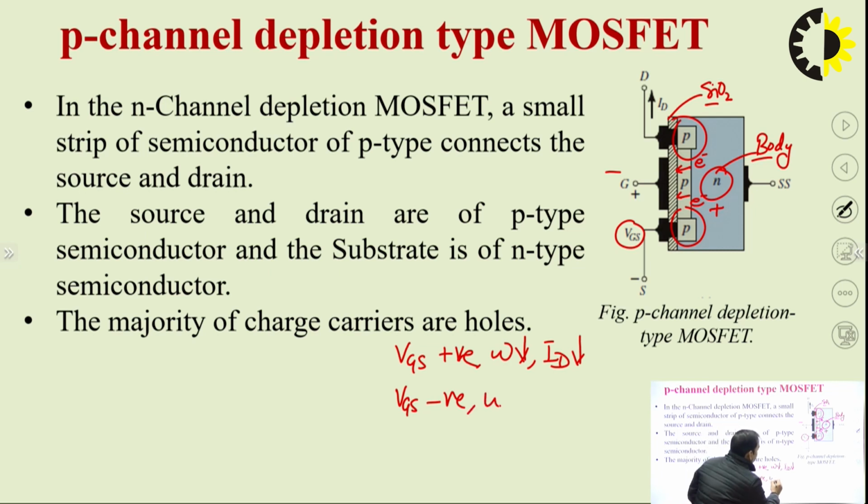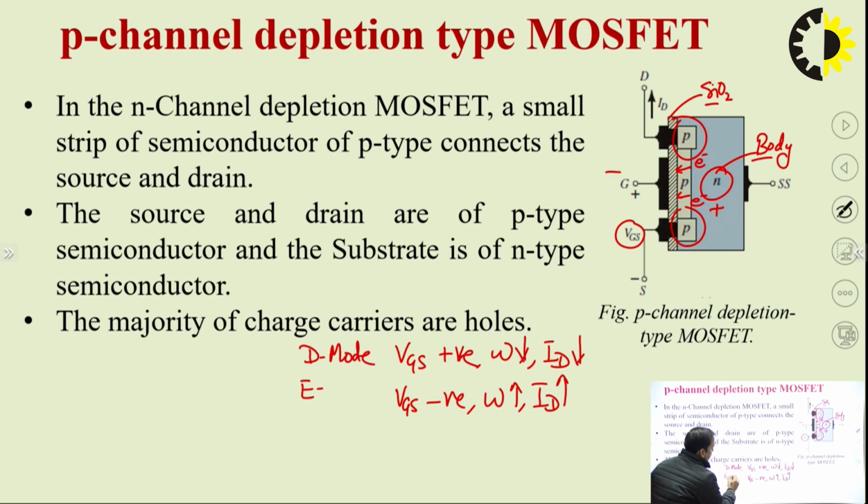So W increases and ID also increases. This mode of operation is known as D mode, and this mode is known as E mode. So the depletion type MOSFET can work under both modes, D mode and E mode.